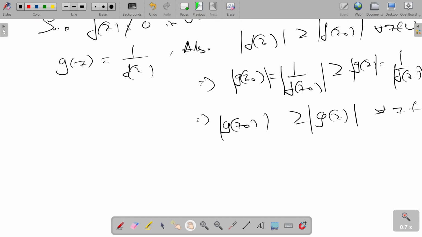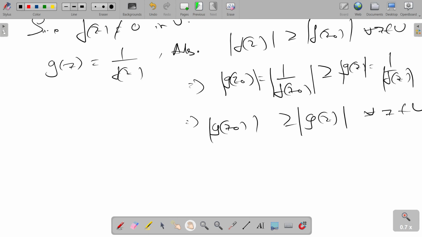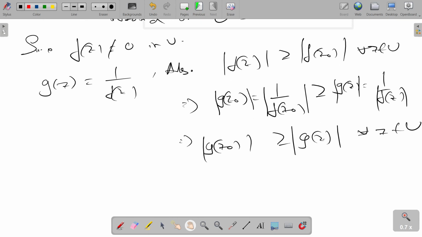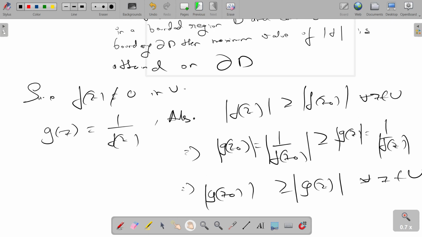So now we can apply the maximum modulus principle.